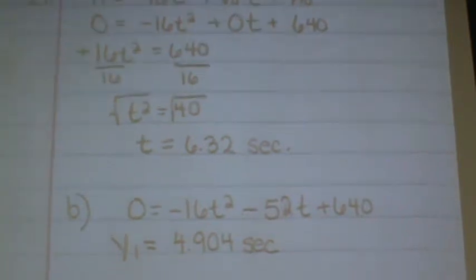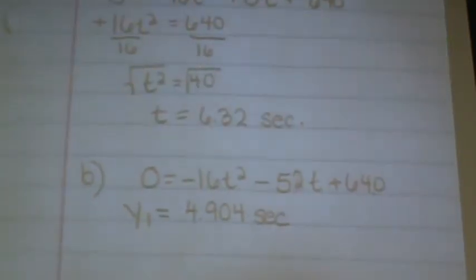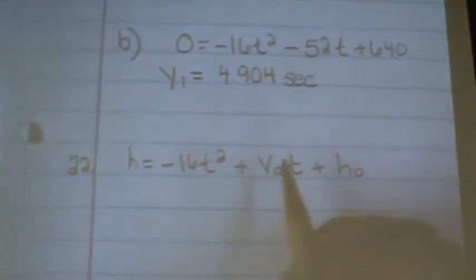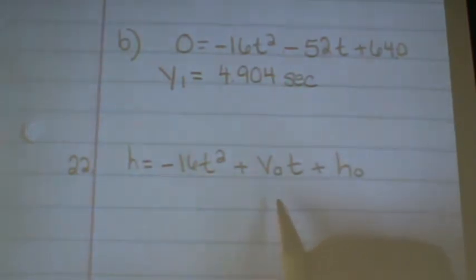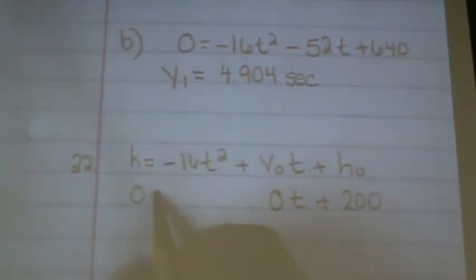If you drop it, you're going to use the formula negative 16t squared plus v sub o t plus h sub o. If you drop it, your velocity is 0, and you are 200 feet on a cliff. So this is going to be 200. You want to know when it's going to reach the ground.